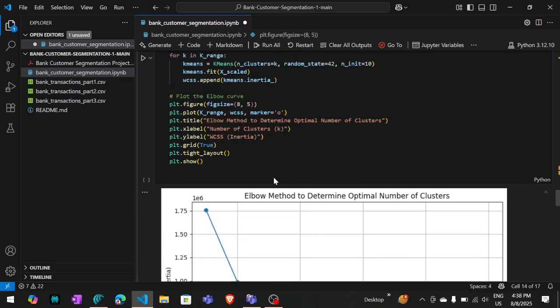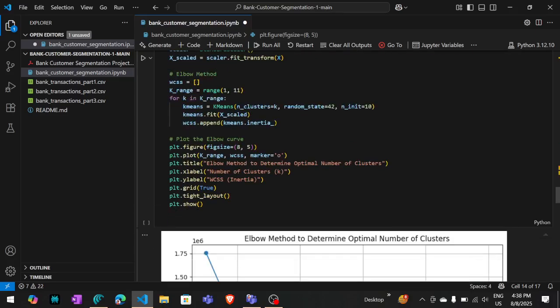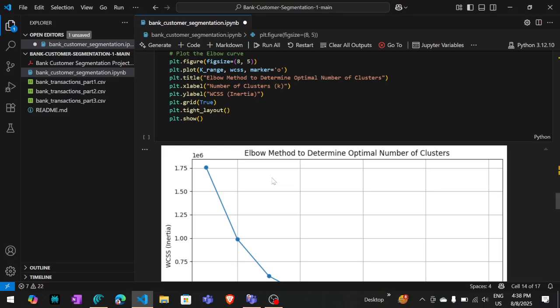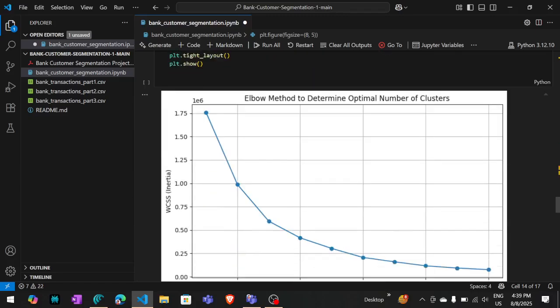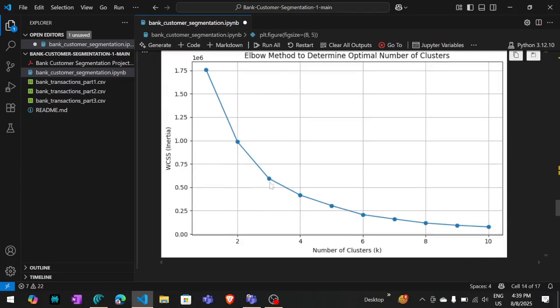In this, I have used the elbow method to find out the appropriate number of clusters. Through the elbow method, I can see that at number of clusters equal to 3, I have a high point of saturation, after which there is no need for more clusters.